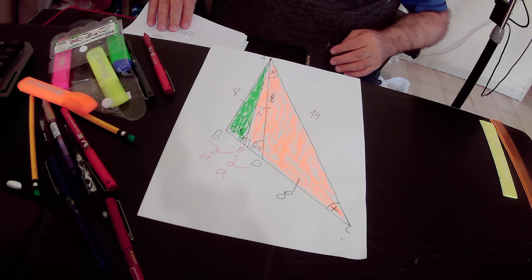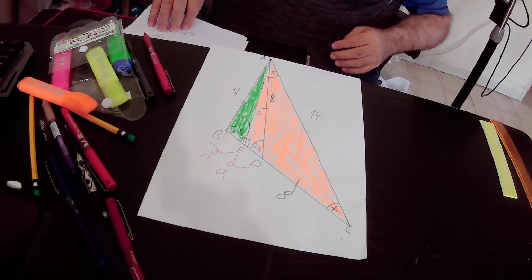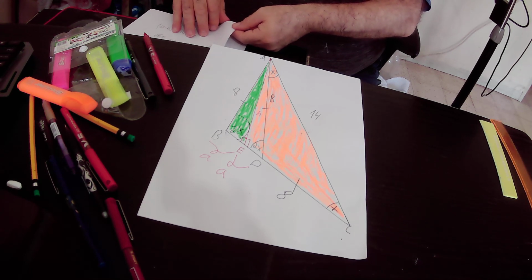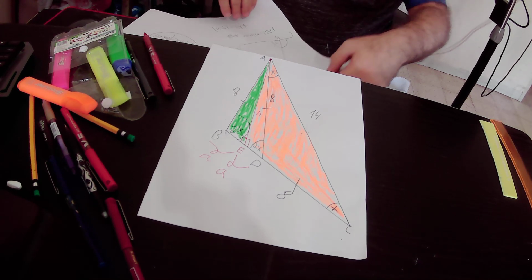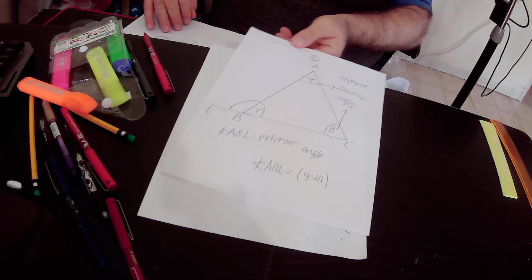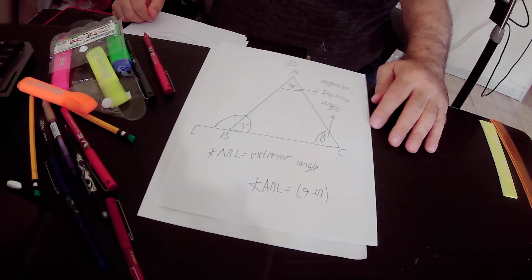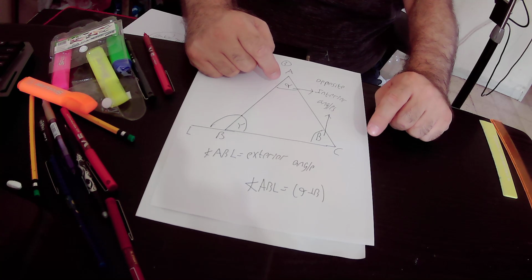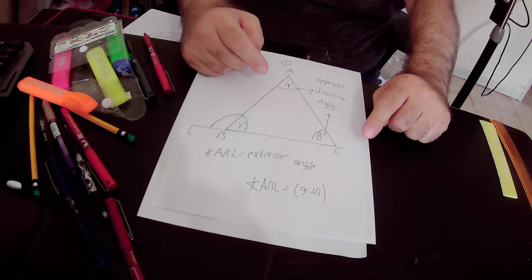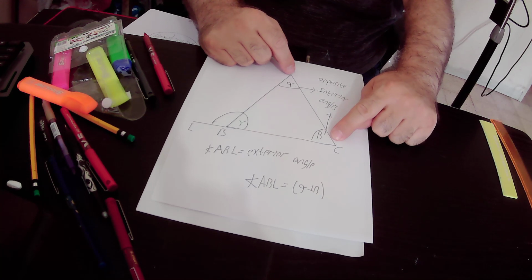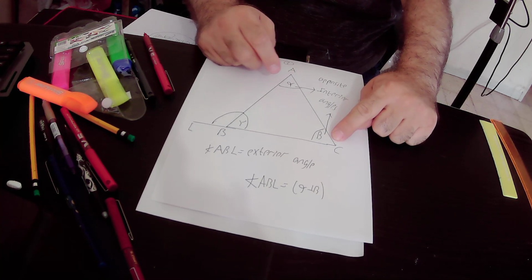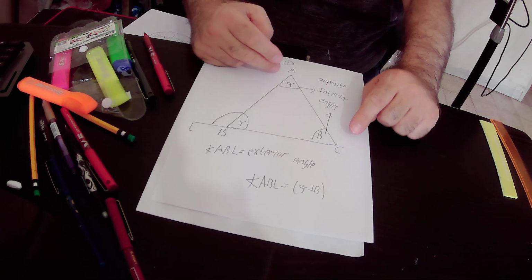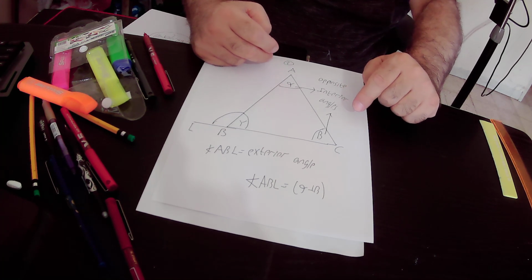And then we have also rule number 2. Let me explain to you what is an interior angle and what is an exterior angle. In this triangle ABC, we have 3 interior angles. Alpha, beta, and gamma are interior angles. Angles alpha and beta are located on the opposite sides in relation to angle gamma. Therefore, they are opposite interior angles.